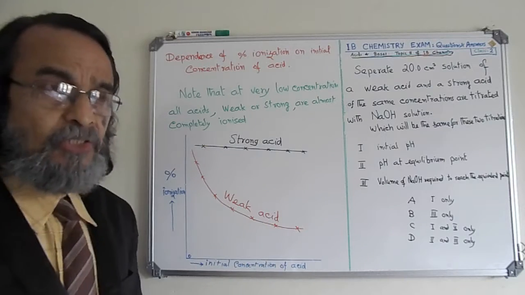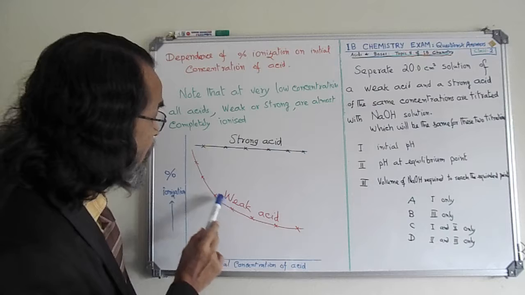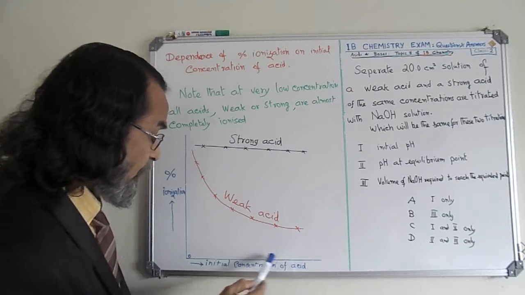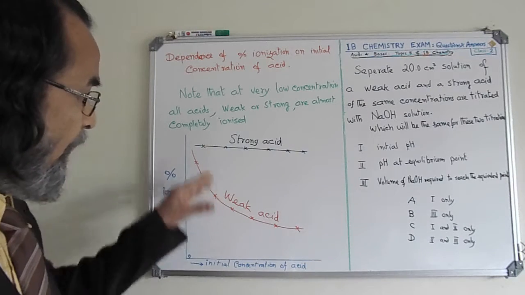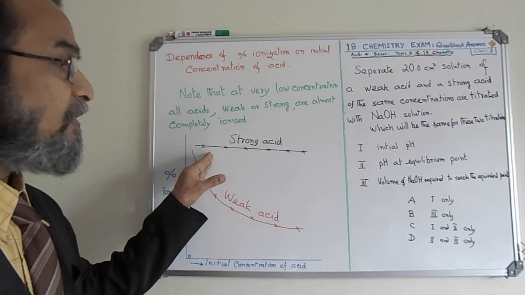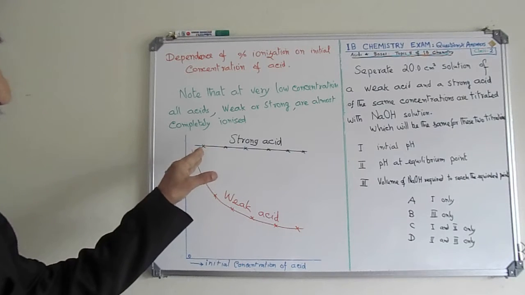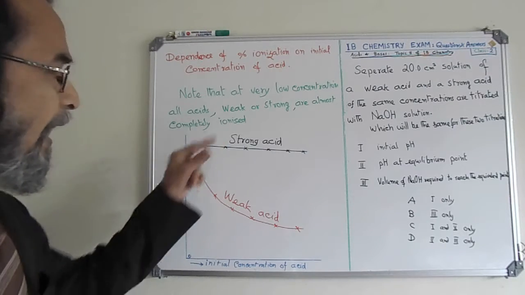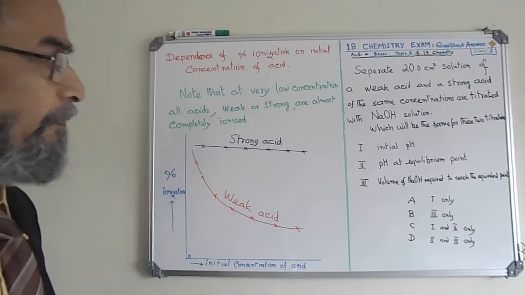Or in other words, all weak acids tend to be almost 10% ionized if the initial concentration is lower and lower. So in this typical case, we can say that 3 will be correct, because the ionization is almost equal and the volume of NaOH used will be the same.